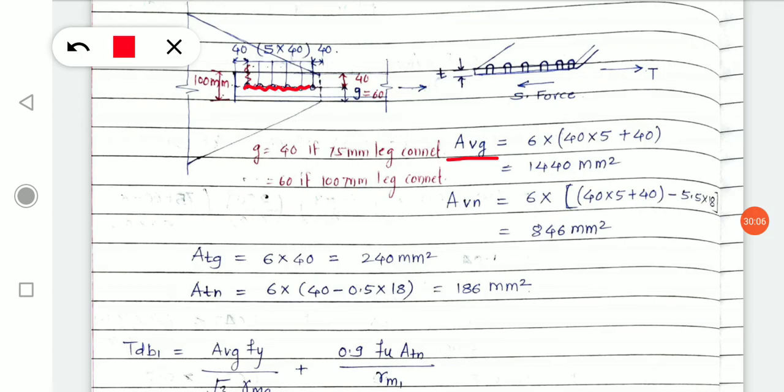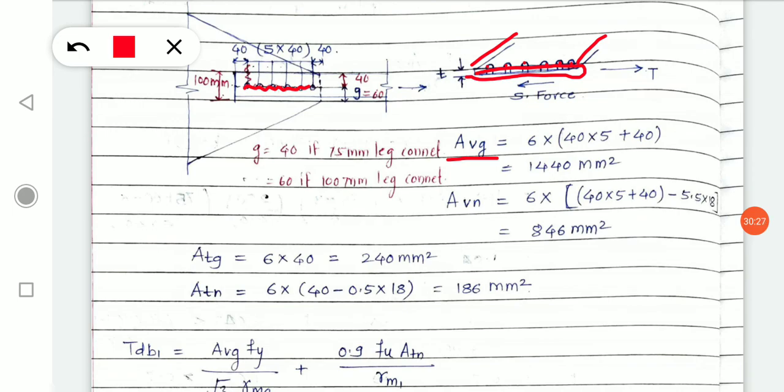I have drawn a diagram of that plate, which looks like this. These are the holes which get ruptured, and I want to know the area of this rectangle.